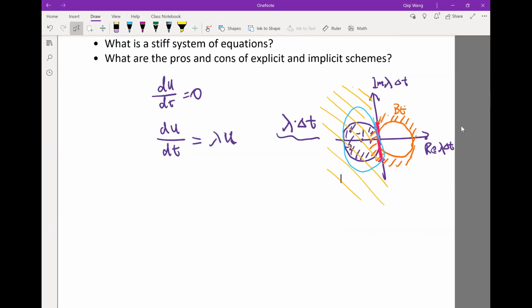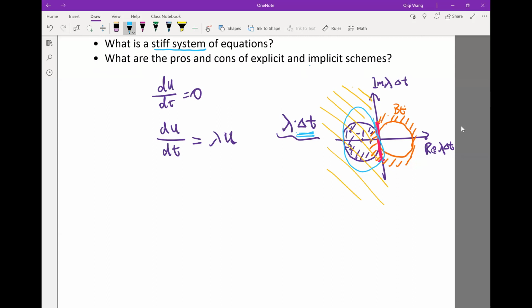For any explicit scheme, the time step size, delta t, applied to a stiff system would be restricted by the largest eigenvalue, while the length of the time integration has to be inversely proportional to the smallest eigenvalue, because that determines the time scale of the system. That means you have to spend a lot of time steps. So a stiff system usually leads to the choice of an implicit integration scheme.